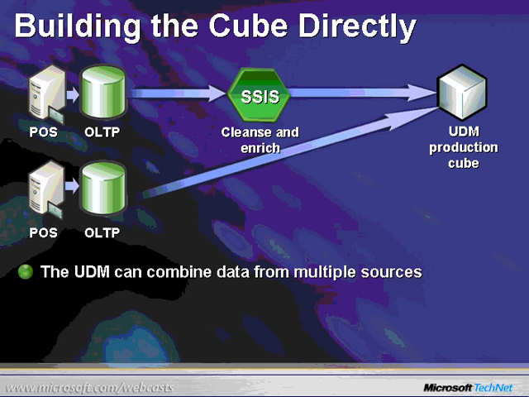For example, we could be loading data into a UDM where the source data all comes from Oracle and DB2, but all you need to do is use SQL Server just to do the distributed query and the join.